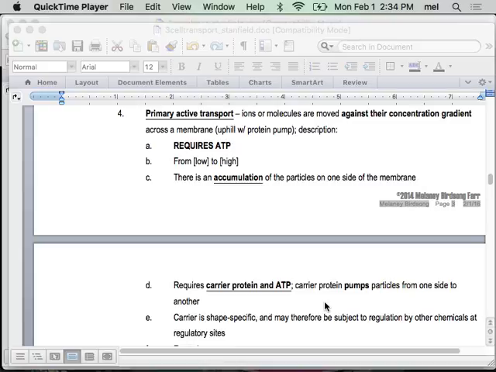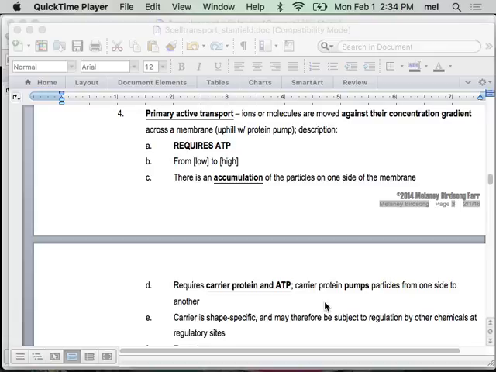And as far as sodium, where is sodium in higher concentration? Sodium is in much higher concentration in the extracellular fluid and lower in the intracellular fluid. What's the concentration gradient here? It's 15 outside to every 1 inside.